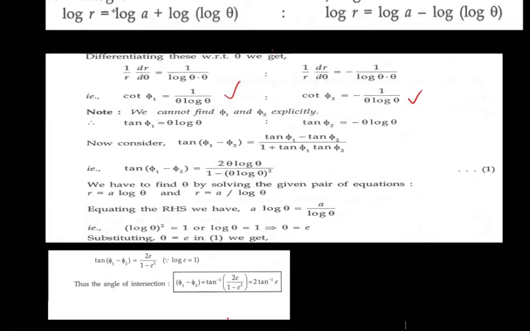As I said, we will find tan of the first one and tan of the second one, and use the tan A minus B formula. Then we will find theta as usual by solving. Once you get the value of theta, which in this problem is supposed to be e, and you substitute it, you will get the answer.